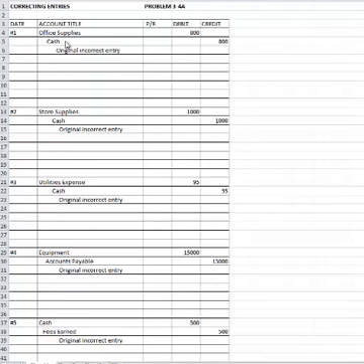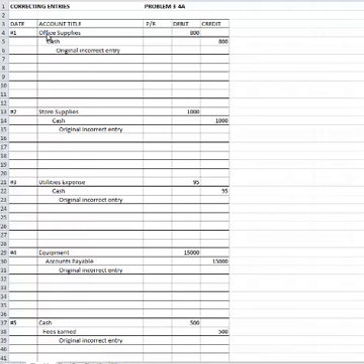So we need to figure out which side of the entry is correct, which one is incorrect, and then fix the side that's incorrect. So the cash credit is correct because we did pay cash for the supplies, but they were actually store supplies, not office supplies.